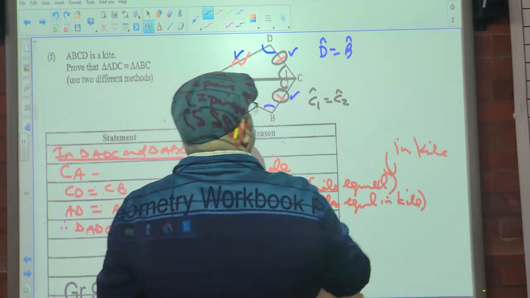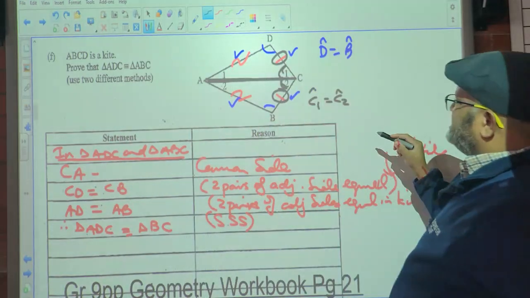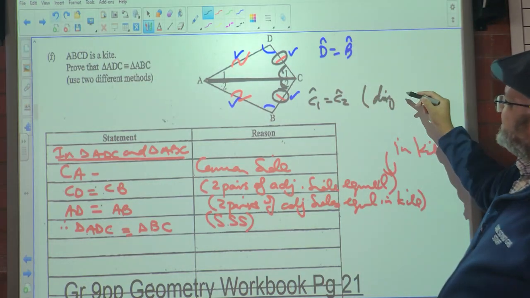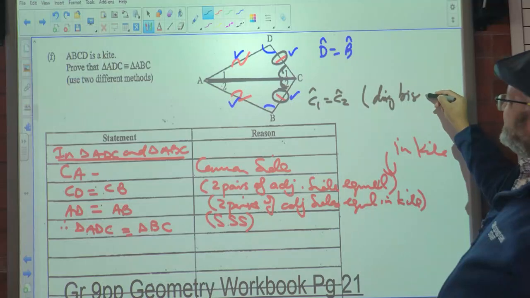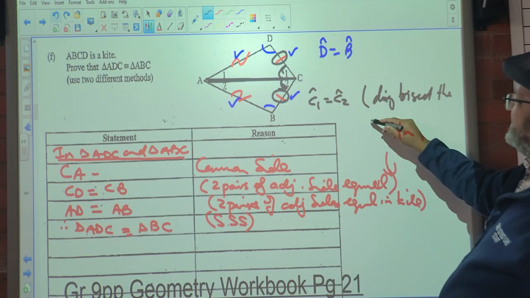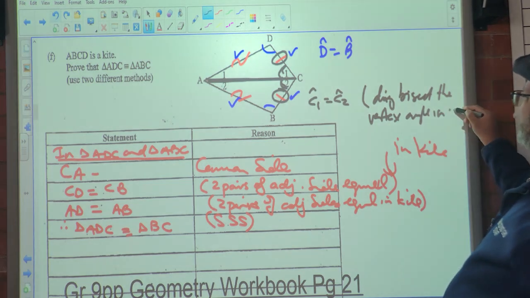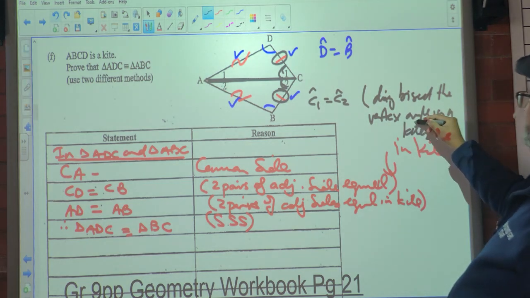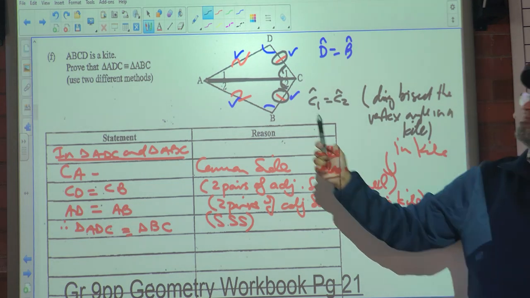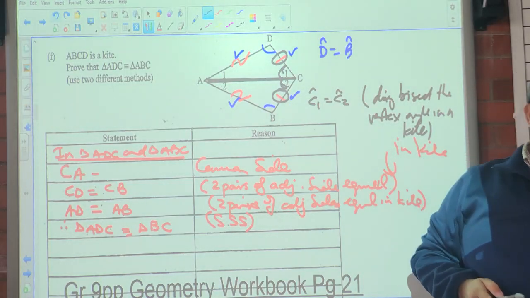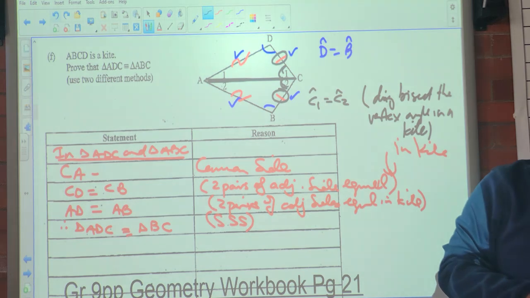Why? C1 is equal to C2, and the reason is your diagonal bisects the vertex angle in a kite. In what case of congruency would that have been? Side, angle, side. So there's three different ways.